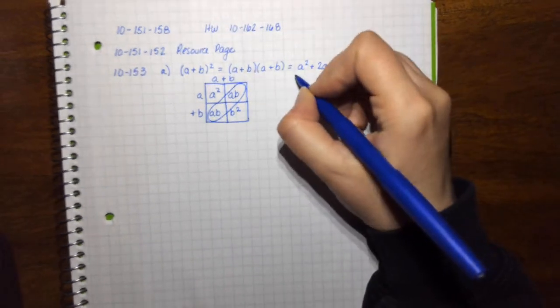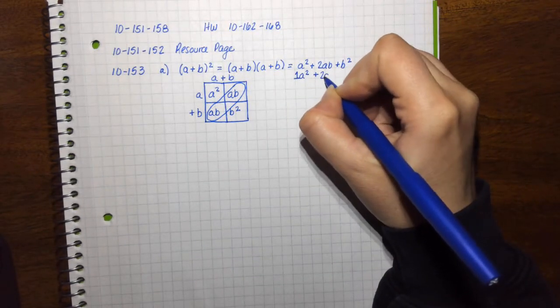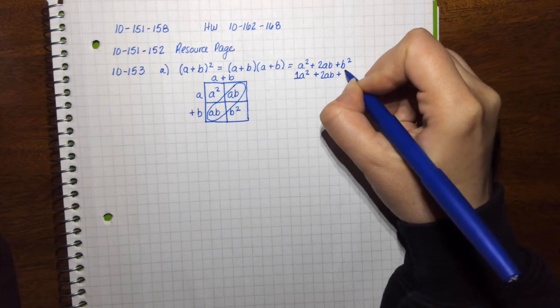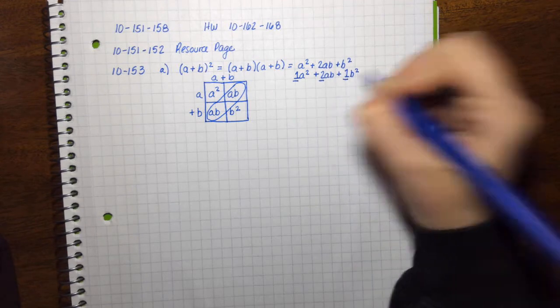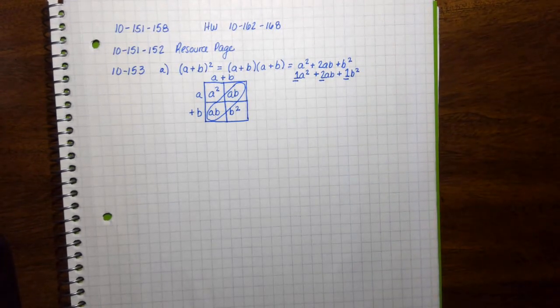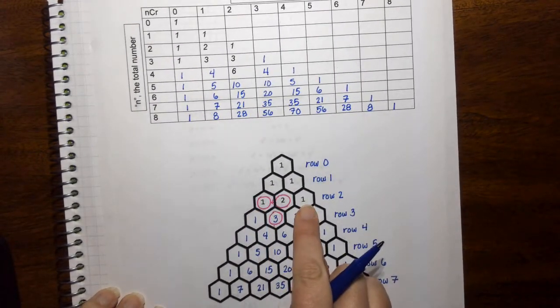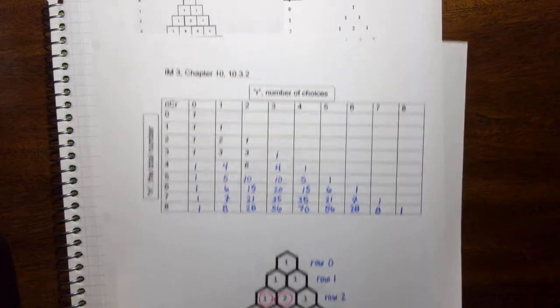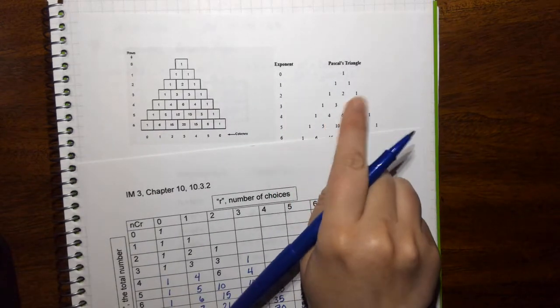Okay, what I want you to notice is this is 1a squared plus 2ab plus 1b squared. I want you to look at those numbers. 1, 2, 1. Those leading coefficients occur here on row 2. 1, 2, 1. And if you remember, on this Pascal's triangle, it said exponent 2 was 1, 2, 1.